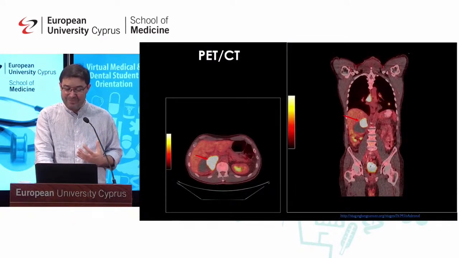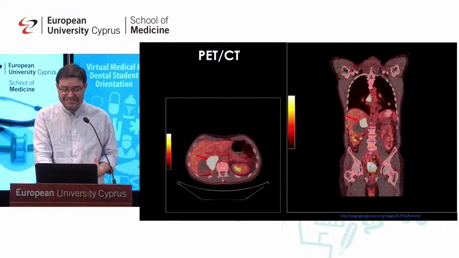After 6 months, our patient came again to the hospital for her follow-up. She underwent an examination called PET-CT that you can see in the figure, and what this examination does is detect areas of high metabolism. And cancer is a disease, in fact, characterized by increased metabolism.